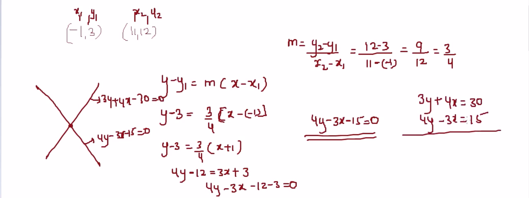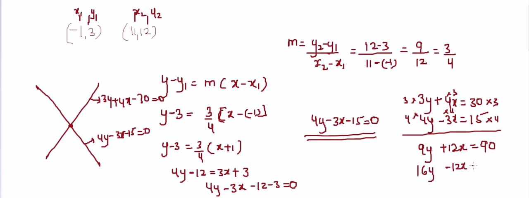So now let me make the coefficients the same. Multiplying the first with 3 and the second with 4, I'll get 9y plus 12x equals 90, and this is 16y minus 12x equals 60.